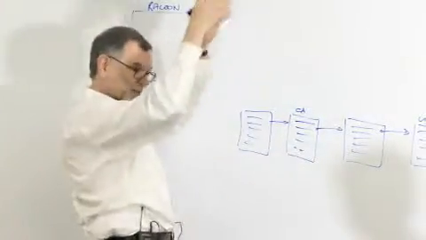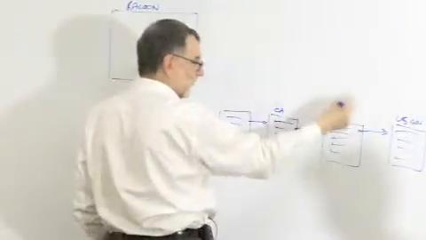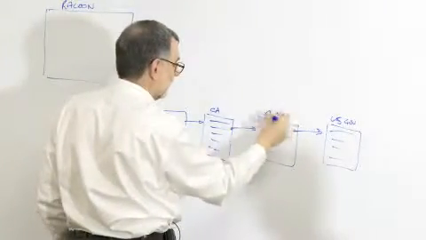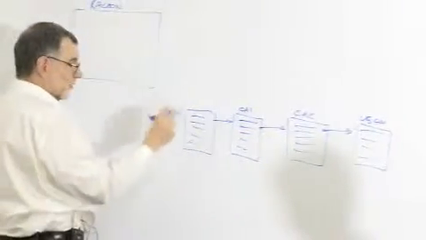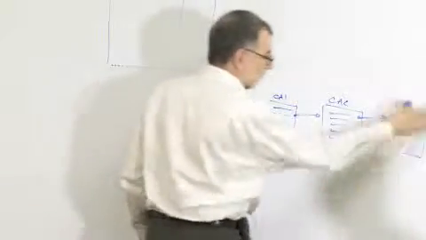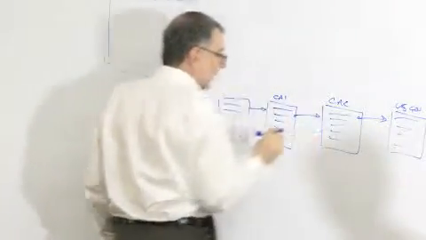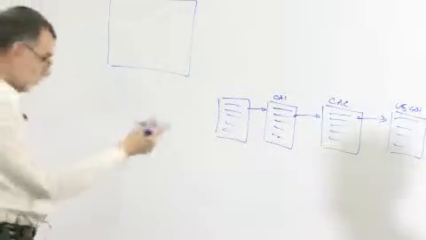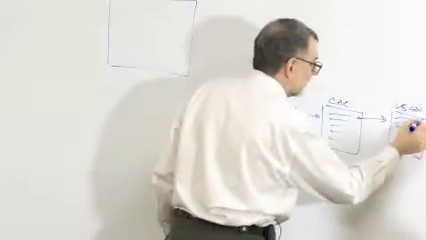There's a master server which issues certificates to an intermediate CA2 and intermediate CA1. So the certificate was actually issued by this one, but there's a chain of trust which goes all the way up to this one here, which is typically self-signed. This one is typically self-signed, yes.